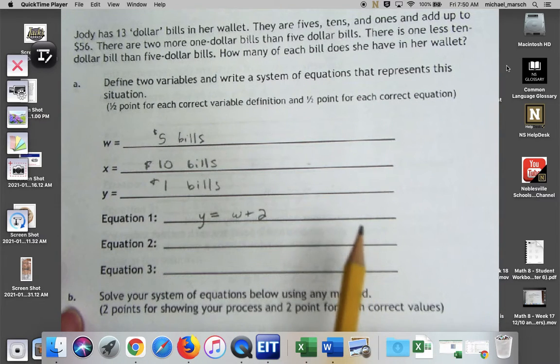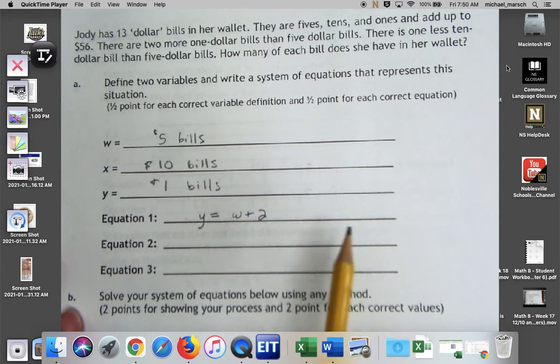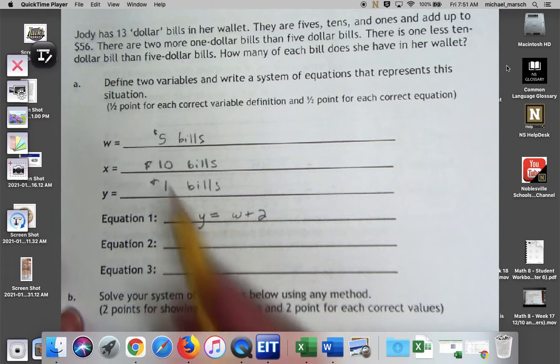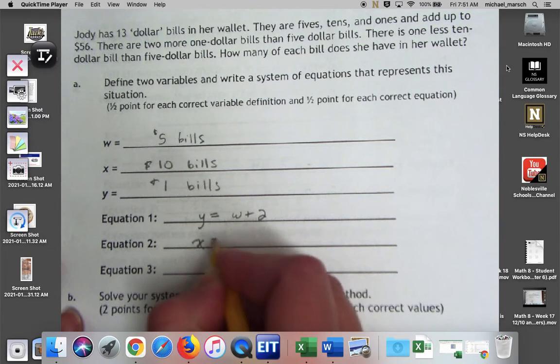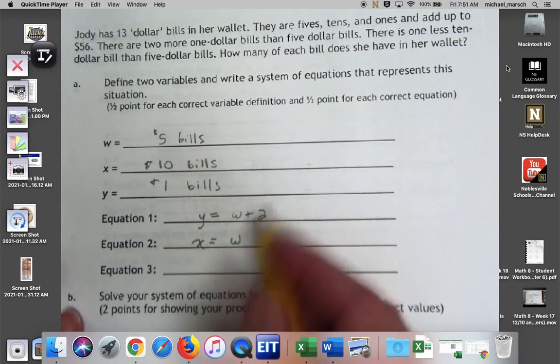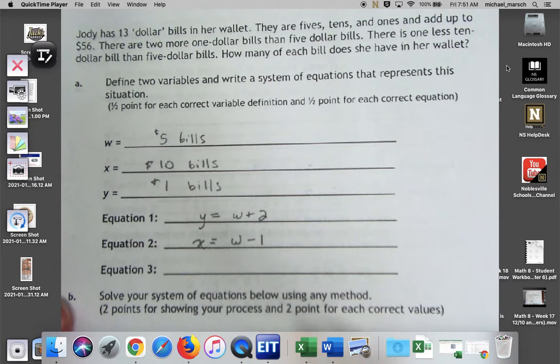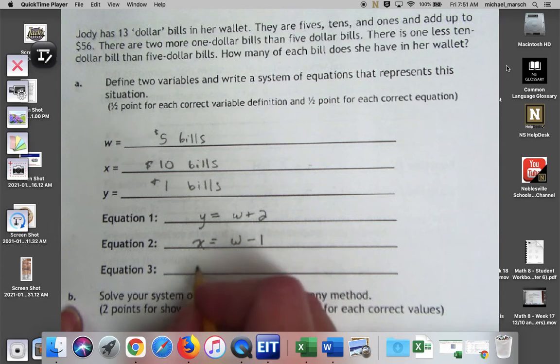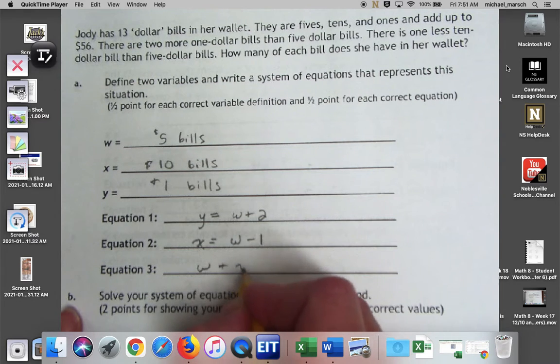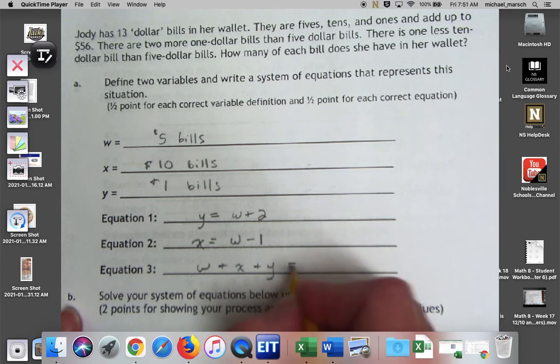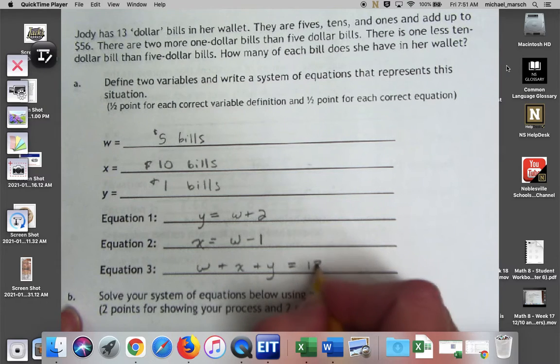They also tell me there's one less $10 bill than $5 bills. So X, the $10 bills, is going to equal W minus 1. And then they tell me that there are 13 total bills. So W plus X plus Y is going to equal 13.